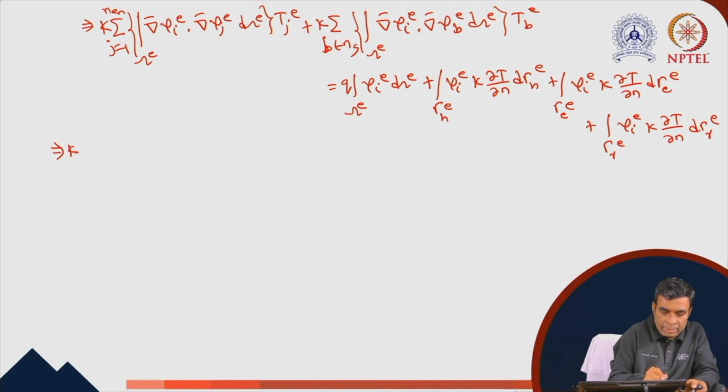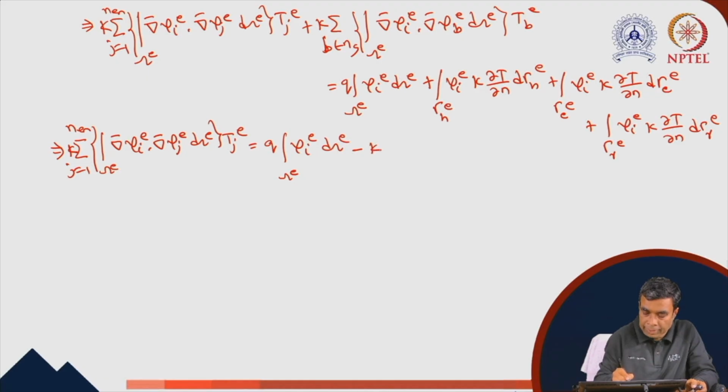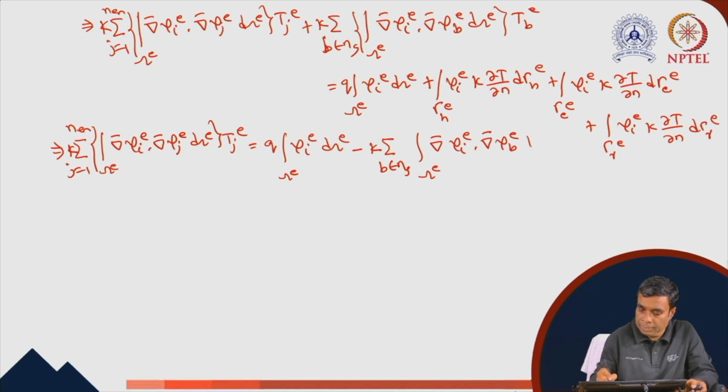So this we write as k into summation over j equals 1 to nen integration over omega e gradient of psi ie dot gradient of psi je d omega e into T_je equals q into integration over omega e psi ie d omega e minus k into summation over b belongs to eta g integration over omega e gradient of psi ie dot gradient of psi be d omega e multiplied by T_be.